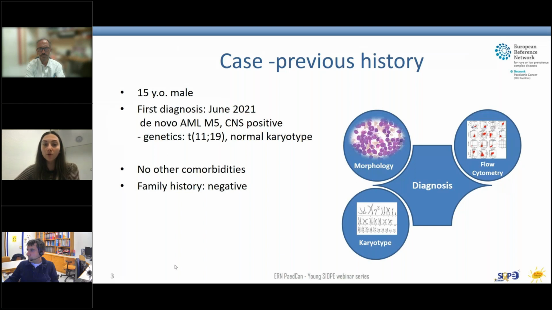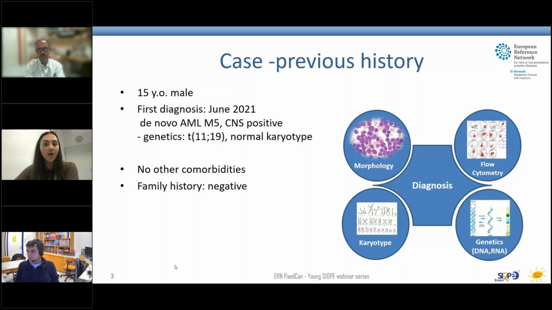And then we have also the genetics that play a really crucial role, not only in AML, but in all the malignancies nowadays. So in our case, the stratification, as you can see, I have used a table of the risk criteria, and as we don't have any kind of standard risk group criteria or high risk group criteria, then we stratified our patients.